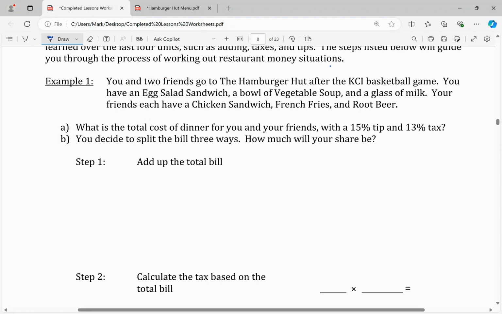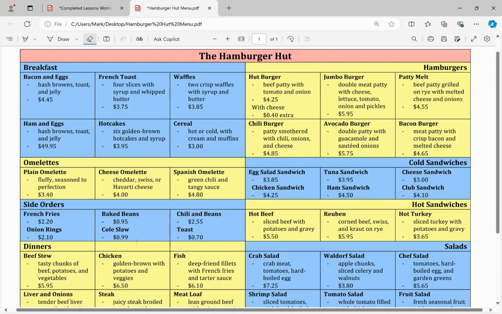Now, ourselves, we have an egg salad sandwich, we have vegetable soup, and we have a glass of milk. So let's go over to the menu that we used in the previous lesson and see if we can find those, starting with an egg salad sandwich.